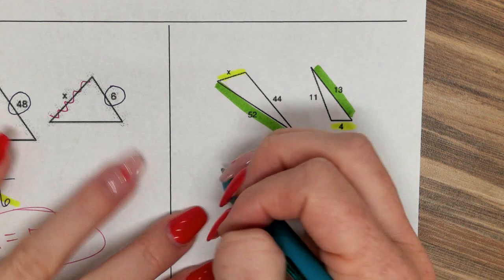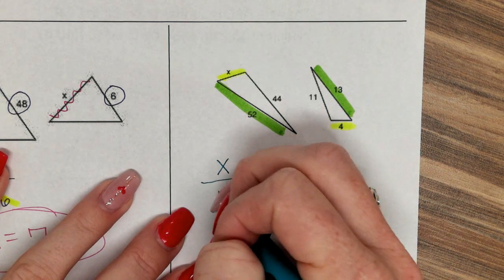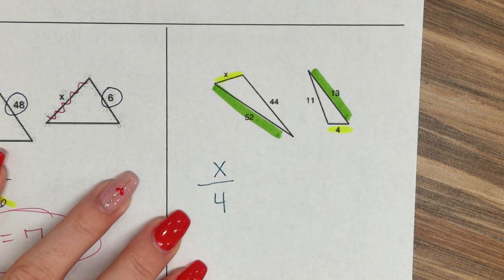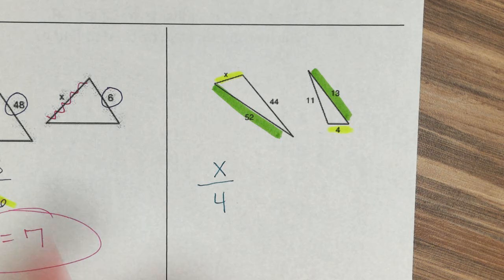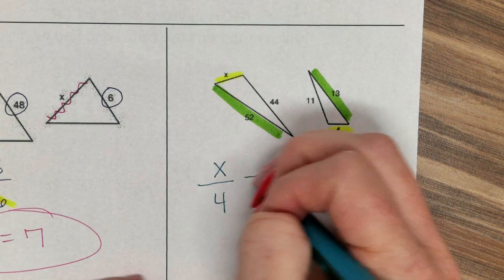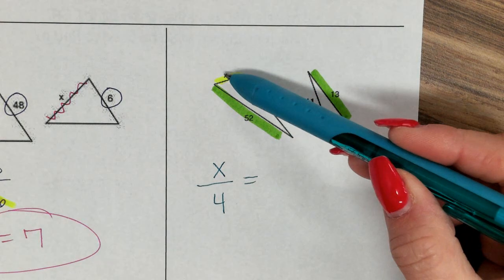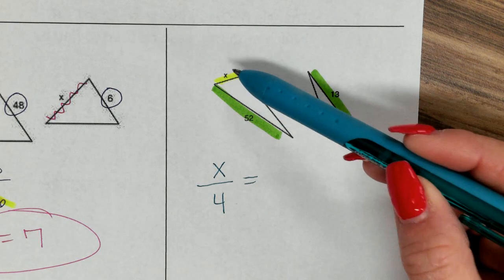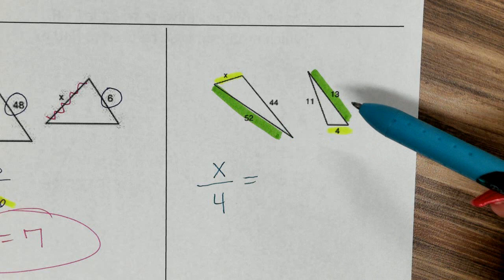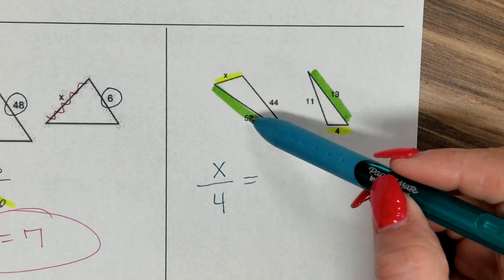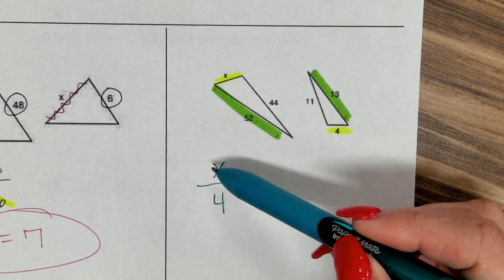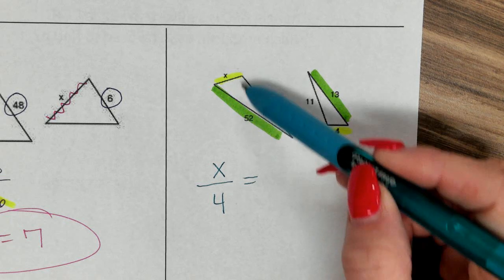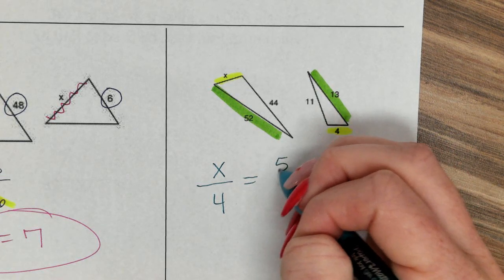I'm going to put x on top and 4 on bottom. If you didn't do that, you're still okay. Since I chose to put x on top and I did yellow over yellow, then what number has to go on top? The 52 or the 13? The way I did it, 52 would have to go on top because it belongs to this one.